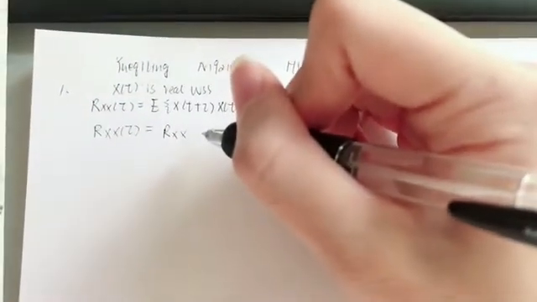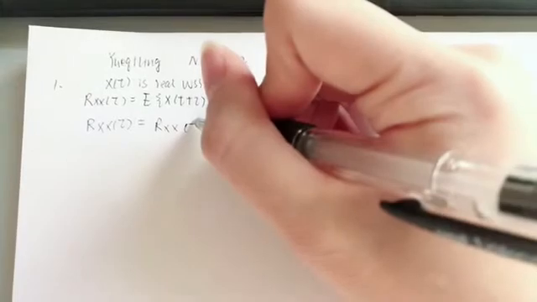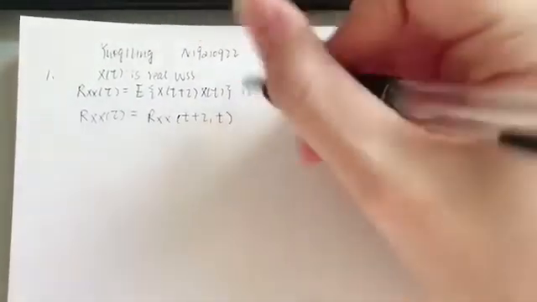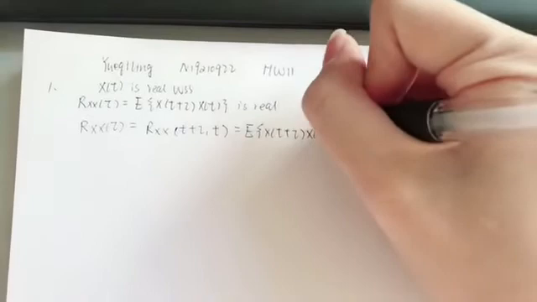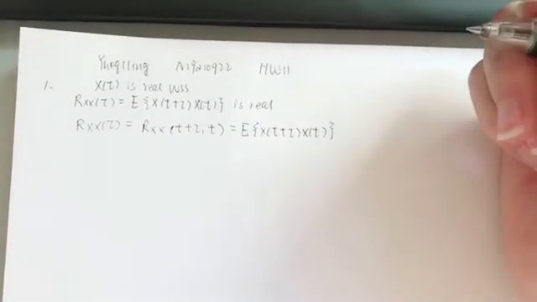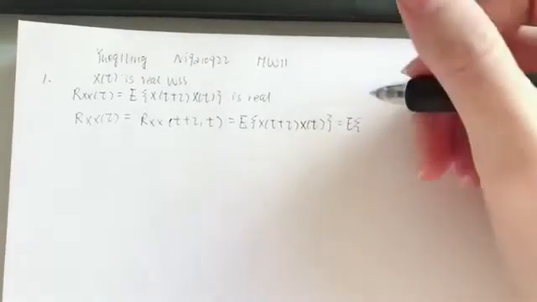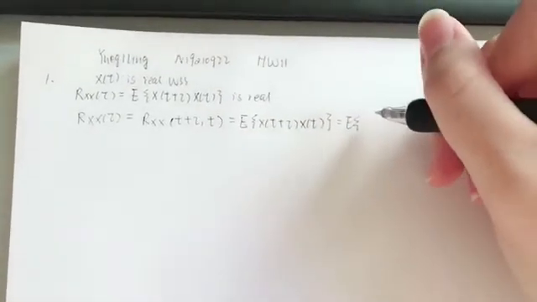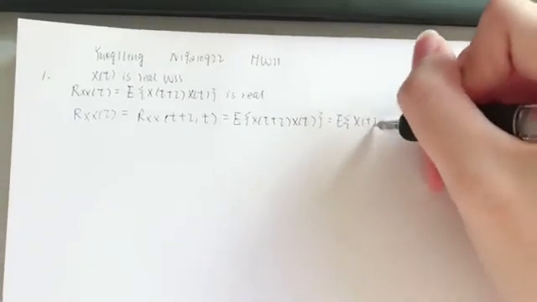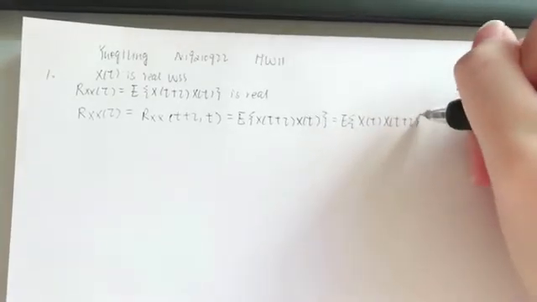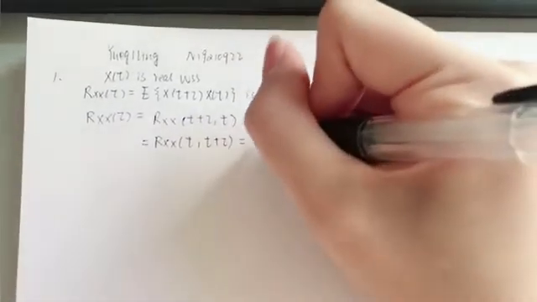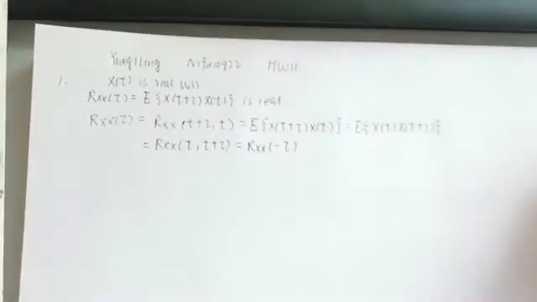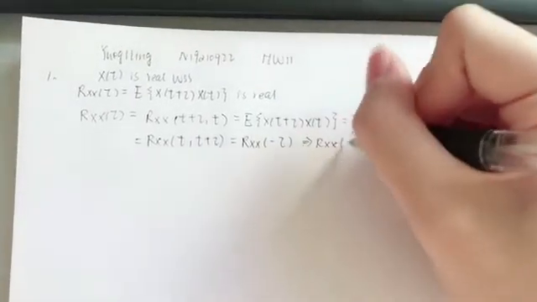It equals Rxx of t plus tau and t, which equals the expectation of x of t plus tau multiplied by x of t, which equals the expectation of x of t multiplied by x of t plus tau. And this will equal Rxx of t plus tau, which equals Rxx of minus tau. So we have proved that Rxx of tau is even.